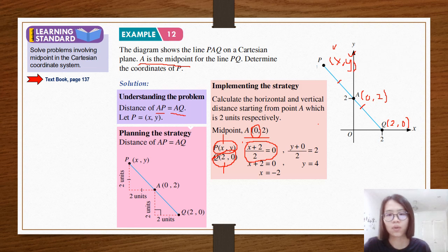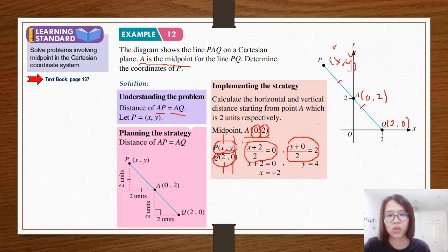And for the y coordinates of point P, y plus 0 divided by 2 equals to 2. So this one, y plus 0 divided by 2 equals to the midpoint 2 here.